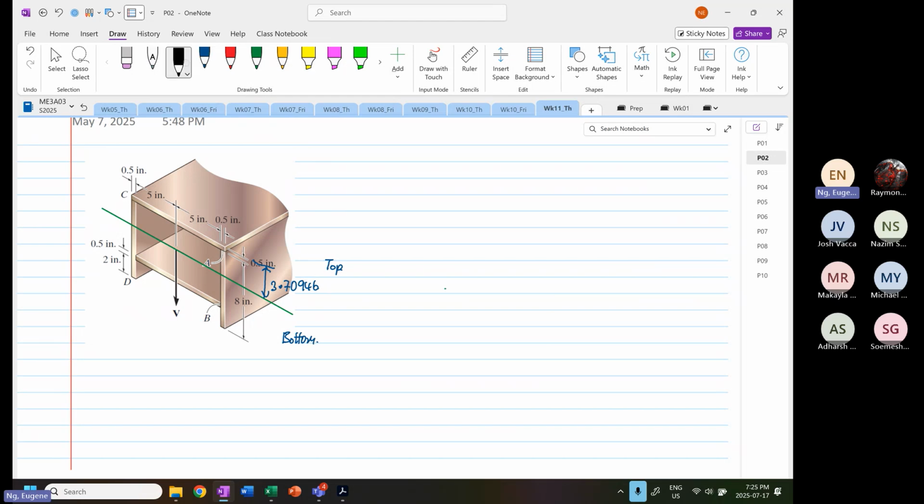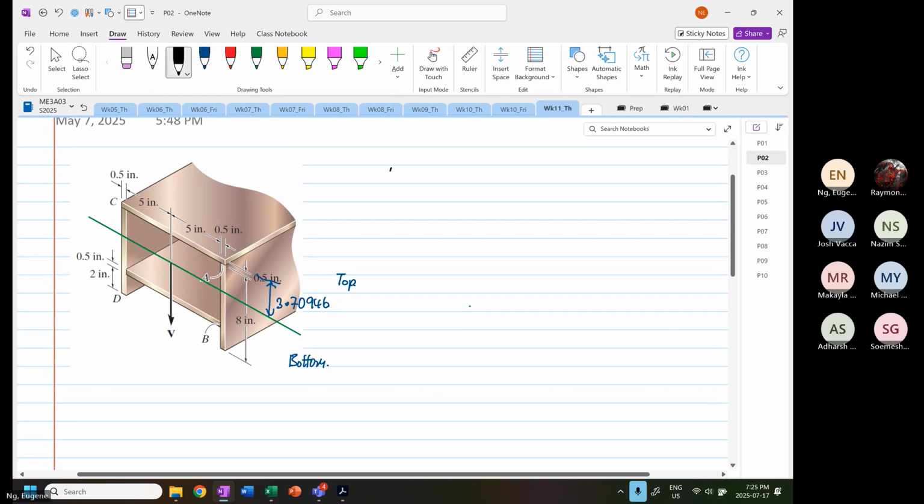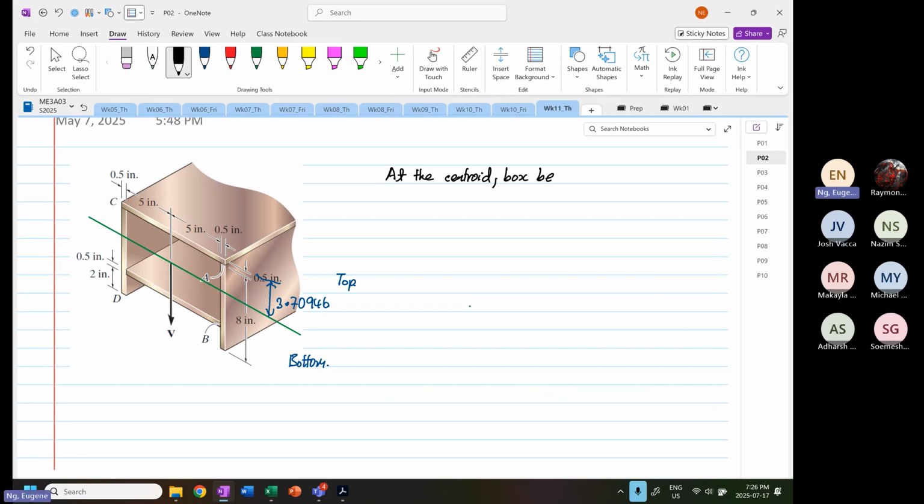And we know that this is at the centroid. It is at the centroid. It is a box beam analysis.